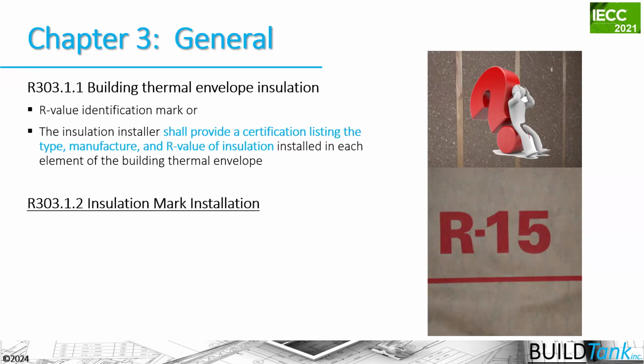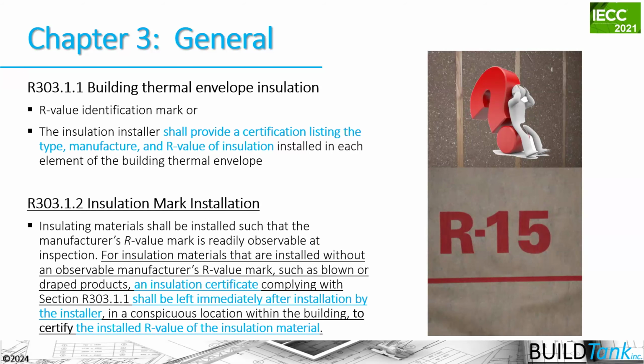Then in another section, R303.1.2, it says that for installation materials that don't have that R value mark on them, the installer has to leave an insulation certificate to certify the R value of the material that's been installed, immediately after the installation of that insulation in the cavity.